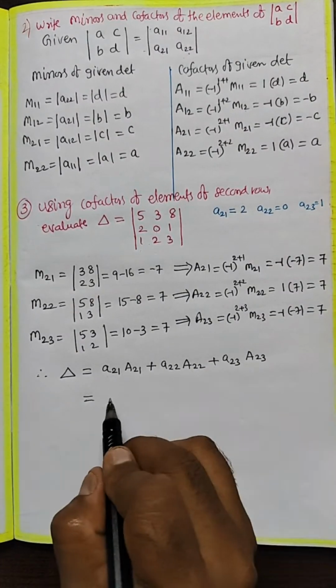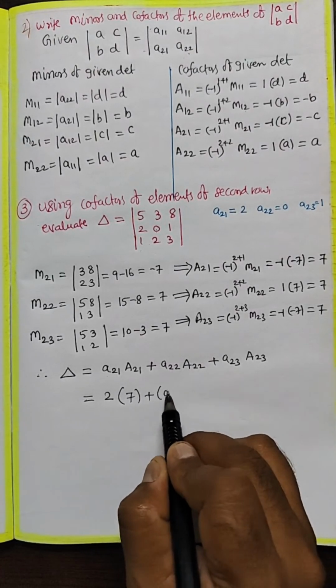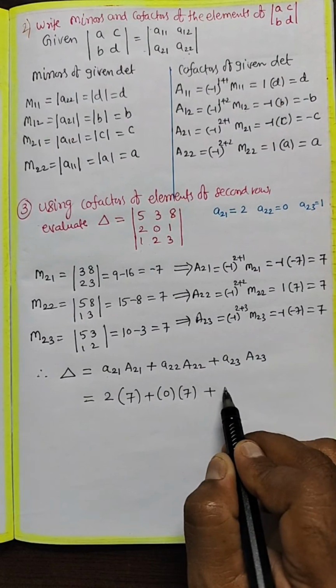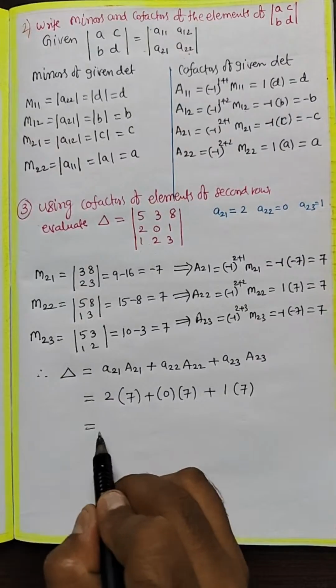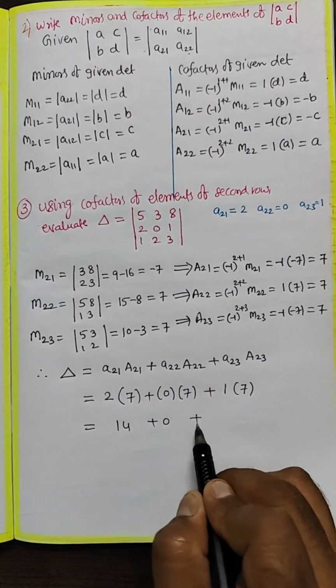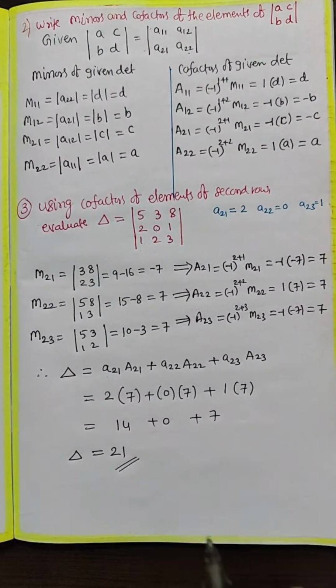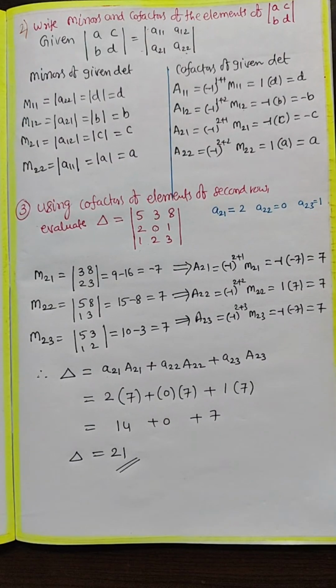A21 value is 2 into capital A21 value 7 plus a22 value 0 into capital A22 value 7 plus a23 value 1 into capital A23 is 7. So 14 plus 0 plus 7, which is equal to 21. Therefore, the determinant by using cofactors of elements of second row we got as 21. Okay, dear students, I hope you understand.